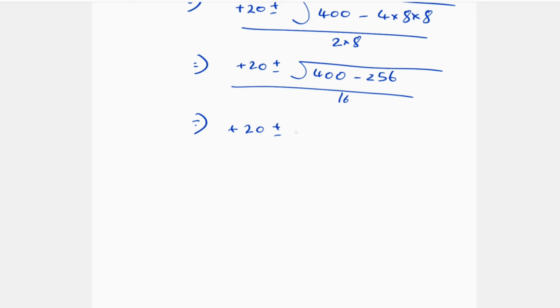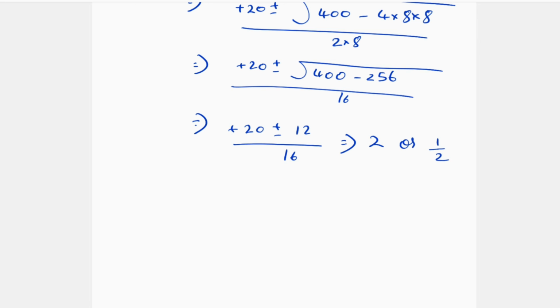Root of 144 is 12 divided by 16. So this could give us two answers. 20 plus 12 divided by 16, which is 32 by 16 is 2, or 20 minus 12 divided by 16, which is 8 divided by 16, which gives us 1 by 2.